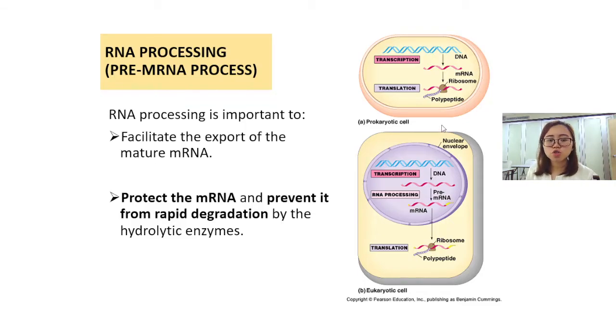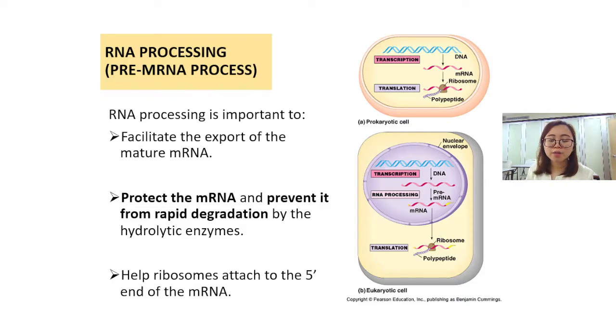And it is also to protect the mRNA and prevent it from rapid degradation by the hydrolytic enzymes. Sebab kita tambah itu cap dengan itu poly A tail, okay, then kita punya mRNA ini lebih selamat. Enzim-enzim dalam cytoplasm tidak akan terus potong dan hadam kita punya mRNA.